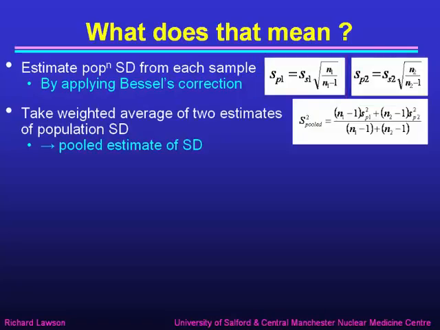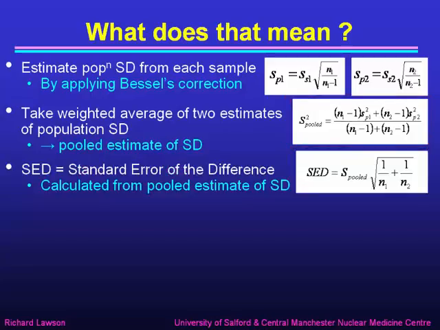Then we take a weighted average of the two estimates of population standard deviation to give us a pooled estimate of standard deviation. And you can see here that S pooled squared is a sum of SP1 squared and SP2 squared, each weighted by n1 minus 1, the number in its sample minus 1.